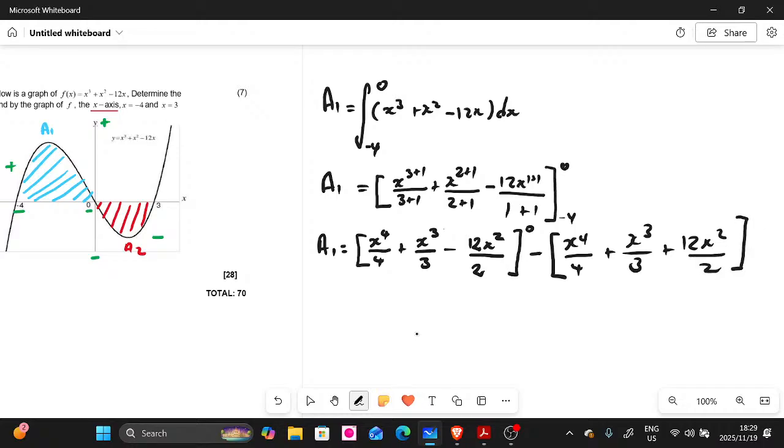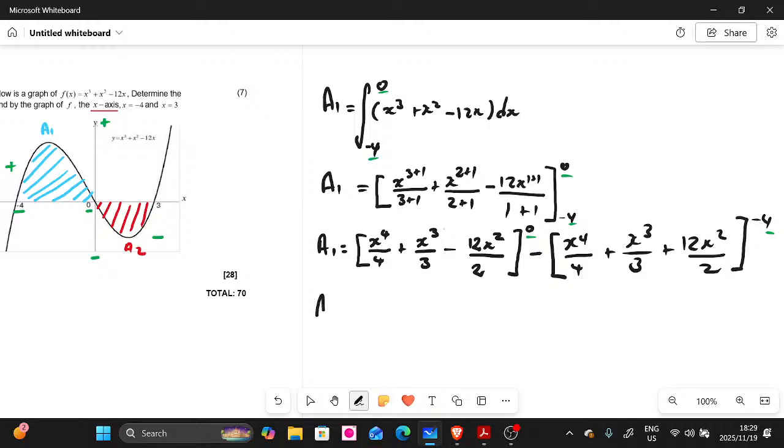And then here we have the lower limit, which is minus 4. Let me highlight the limits there, guys. I repeat, limits are not powers. Do not substitute them as powers.